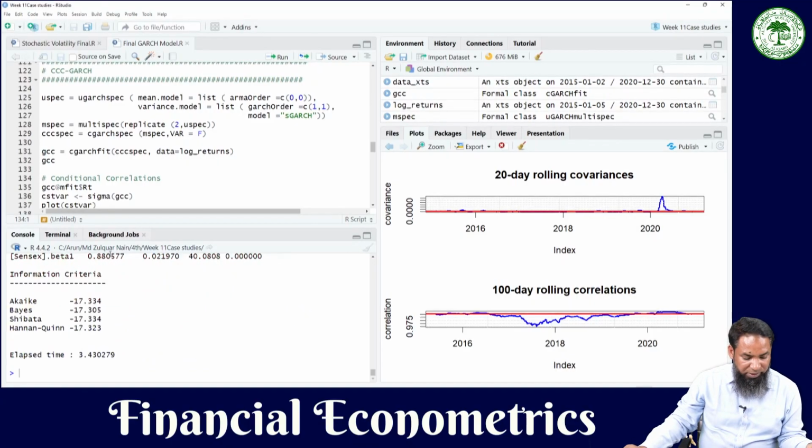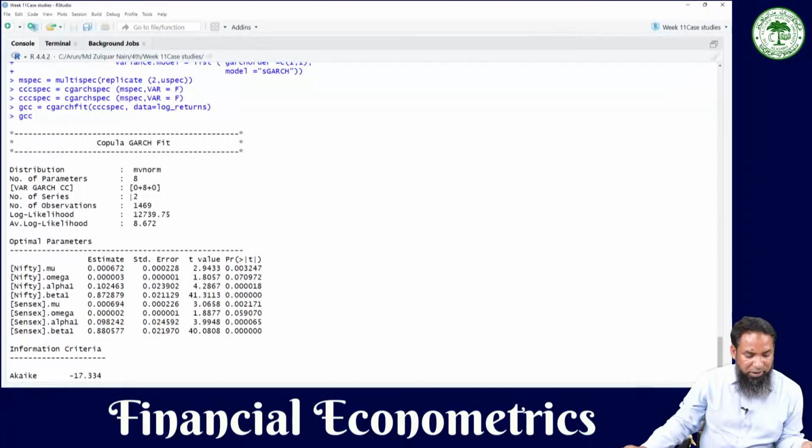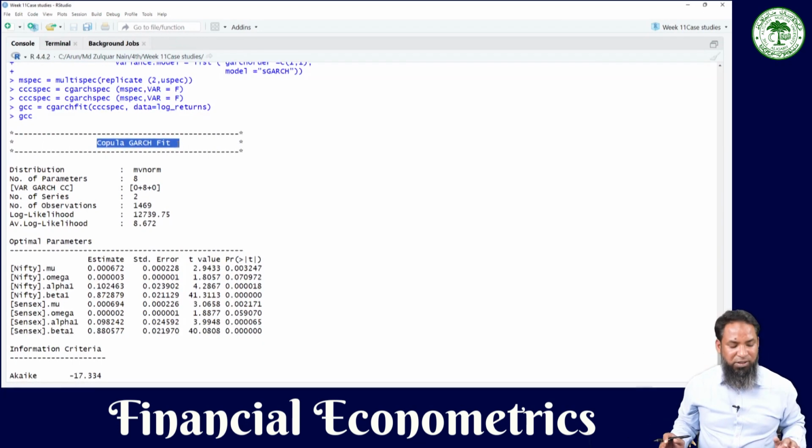So it is being estimated, and here we have the result. It says copula GARCH fit. Remember, it is basically for the copula GARCH fit, but for our specific specification, this is equivalent to constant conditional correlation GARCH. So we have to be careful that though it appears as the copula GARCH fit, it is basically constant conditional correlation GARCH.